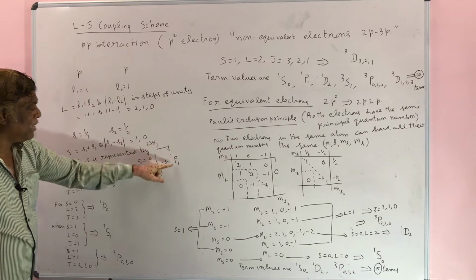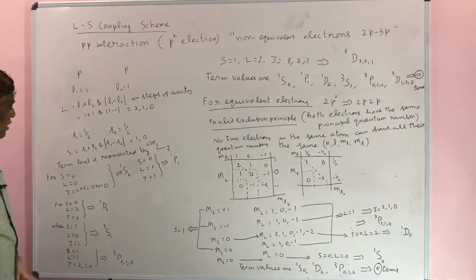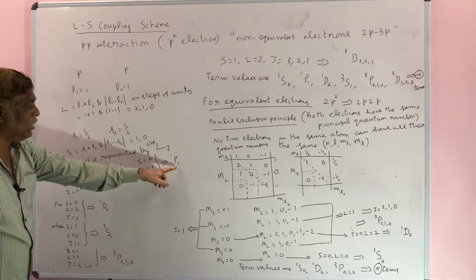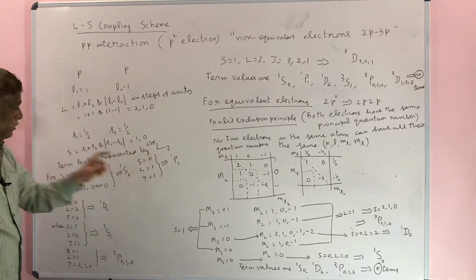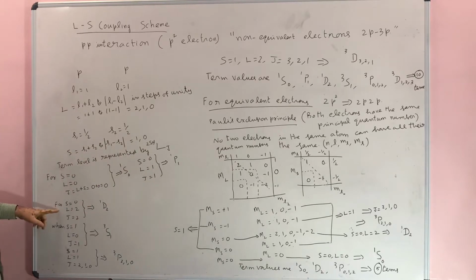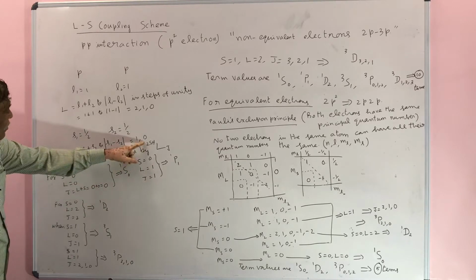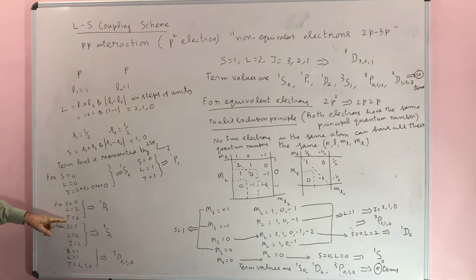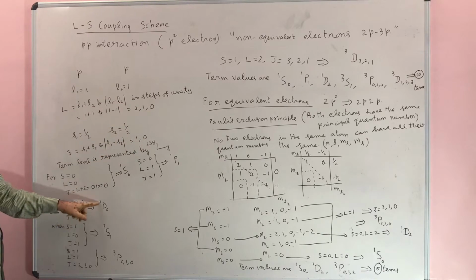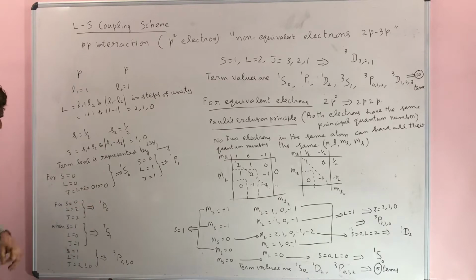So this is 1P, and J is equal to 1. So 1P1 corresponds to these quantum numbers. For S equal to 0 and L equal to 2, total J is 2, which corresponds to 1D2.